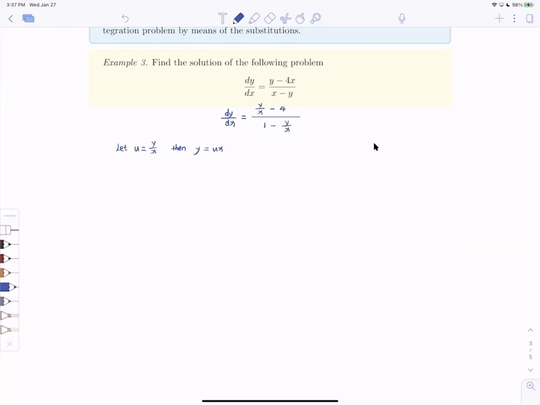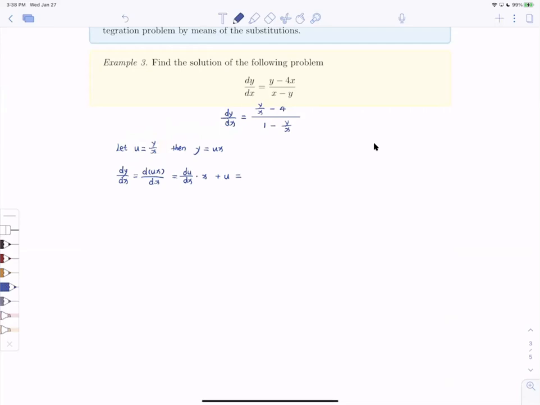Okay, now your dy over dx is going to be d of ux over dx, because your y is ux, which equals du over dx times x plus u times 1, which is still u, which equals, now you substitute this back into the equation.